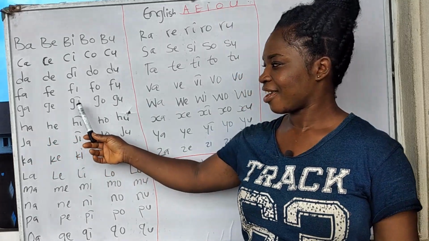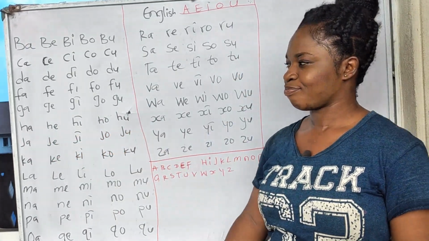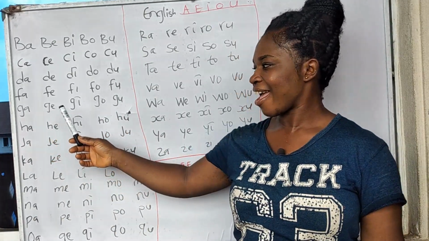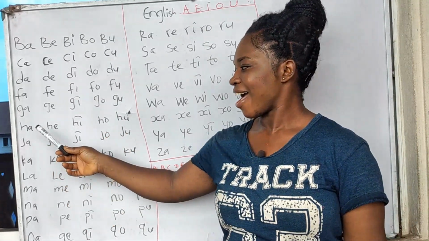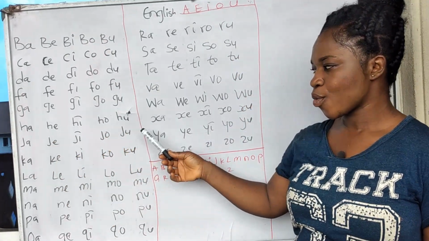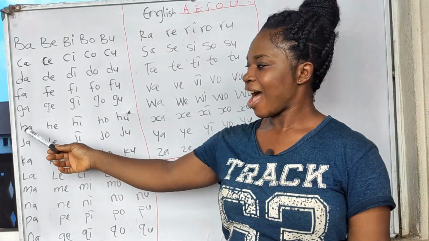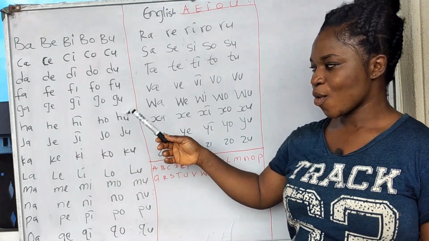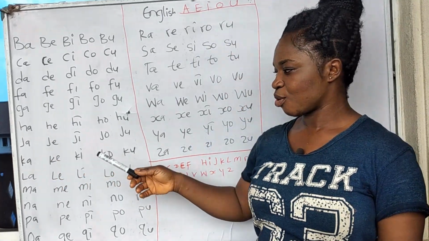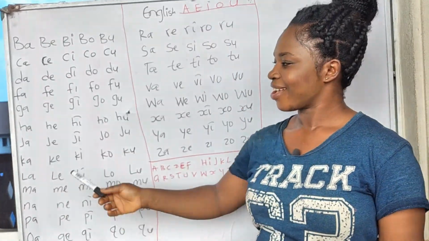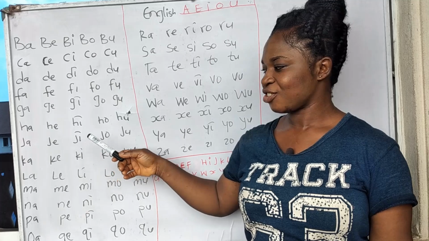Ga, ge, gi, go, gu. Ga, ge, gi, go, gu. Ha, he, hi, ho, hu. Ha, he, hi, ho, hu. Ja, je, ji, jo, ju. Ja, je, ji, jo, ju.